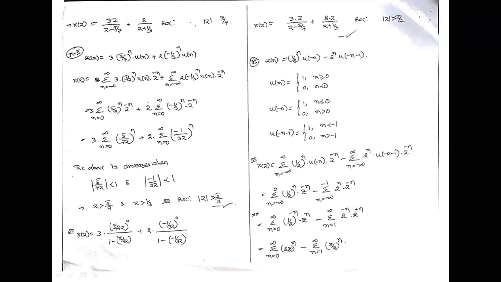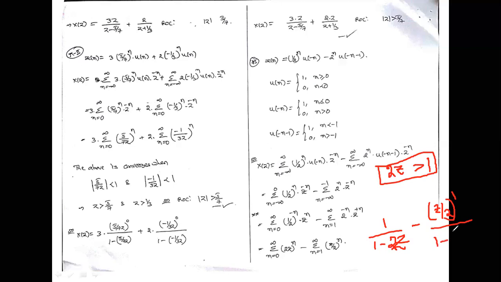So 1 by 1 minus 2z, and the ROC is 2z less than 1, because it is 0 to infinity only. And the second is also 1 to infinity, it becomes minus (z/2) to the power 1, because the value is 1, and the second term becomes 0 because the power is infinity. 1 by 1 minus z by 2. Got it, my dear students?